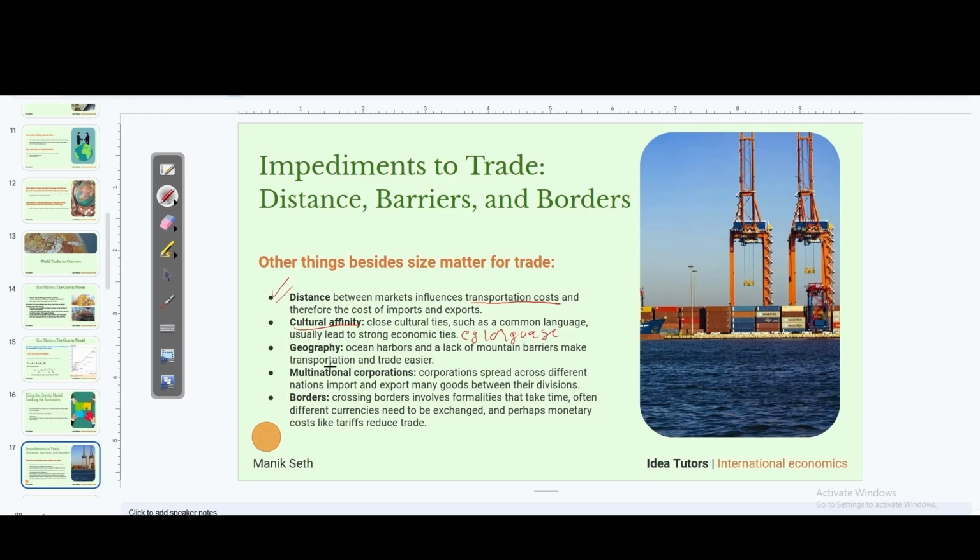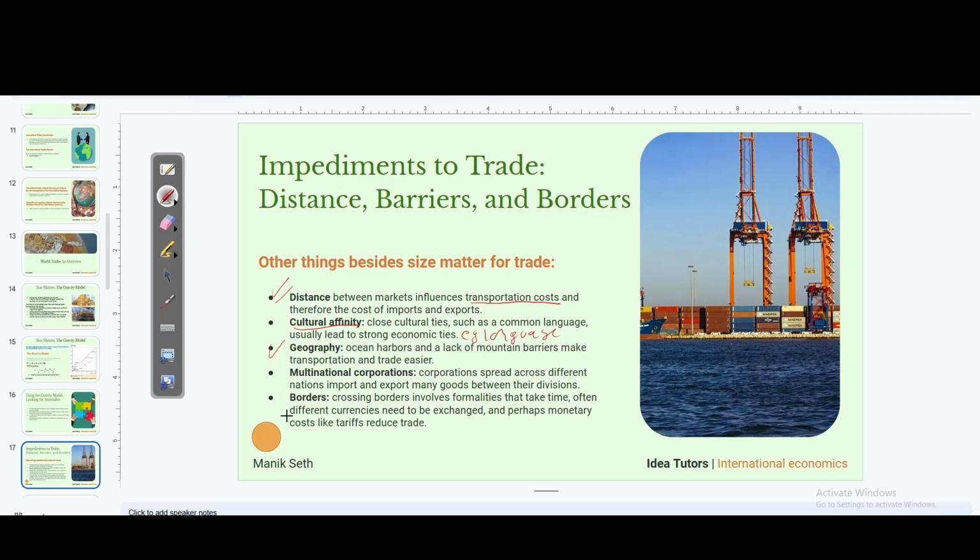Geography is another thing. Geographical features significantly impact the ease of trade, like whatever the geographical feature of that particular economy is, whether it is the type of terrain, or the access to the ocean and all those things. These things impact trade.